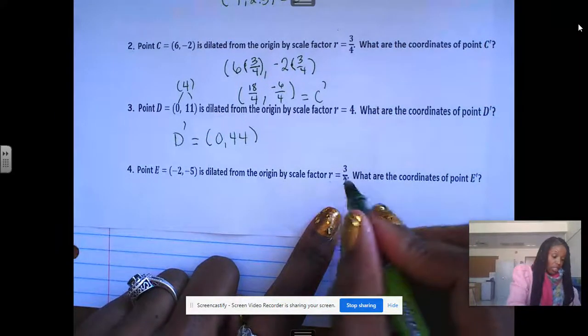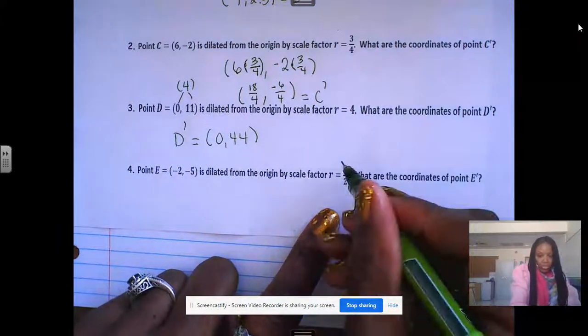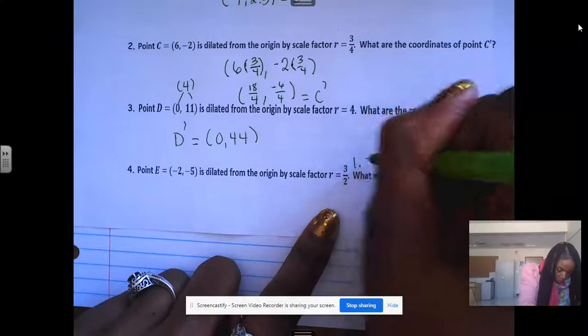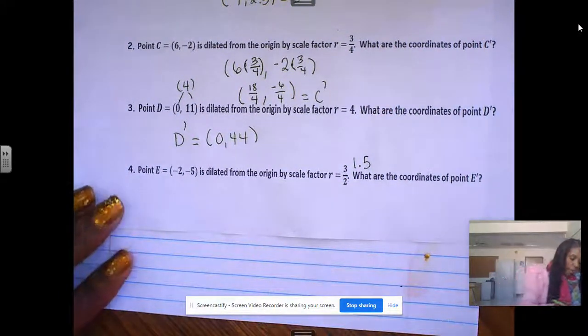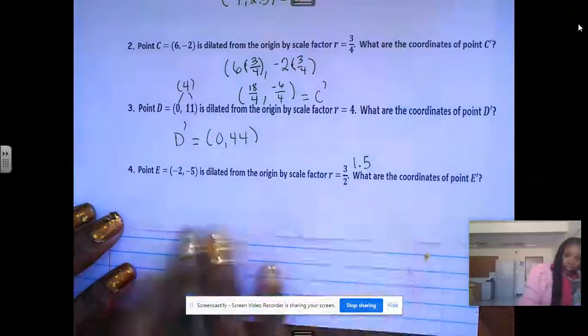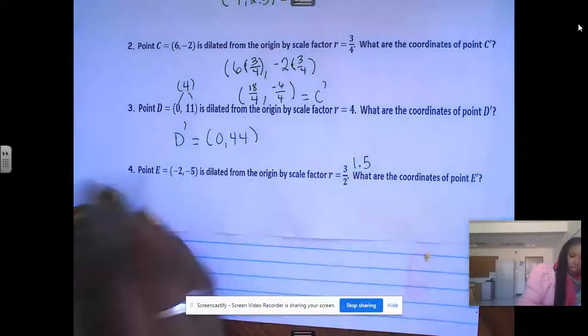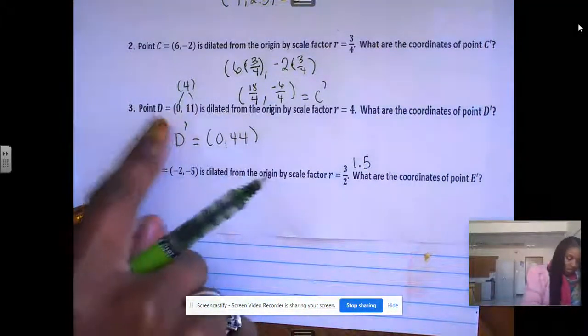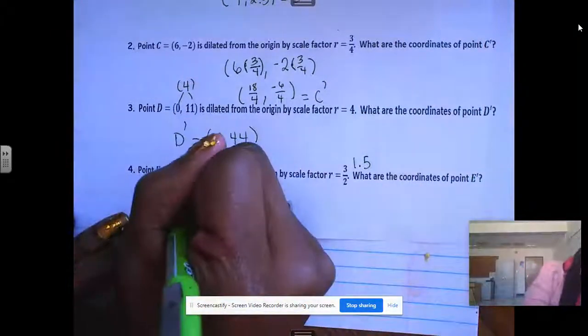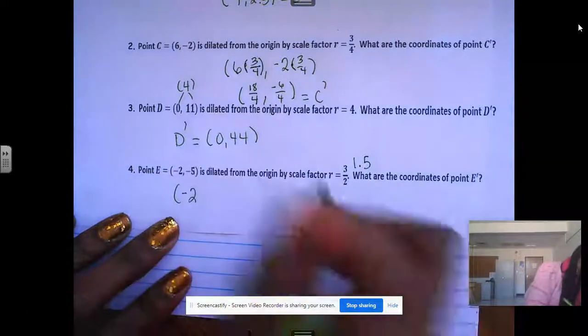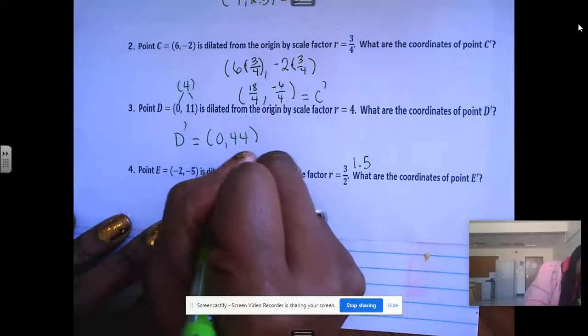So basically, this 3/2, if you were to take 3 and divide by 2, you will see that it was 1.5. And so therefore, you are going to be multiplying these out. So all I'm going to do is write this out, or just take both of these out, just in case we want to make sure that you understand that. So my figure, this is an enlargement. It's going to get bigger. So basically, I'm going to do -2 times 1.5.